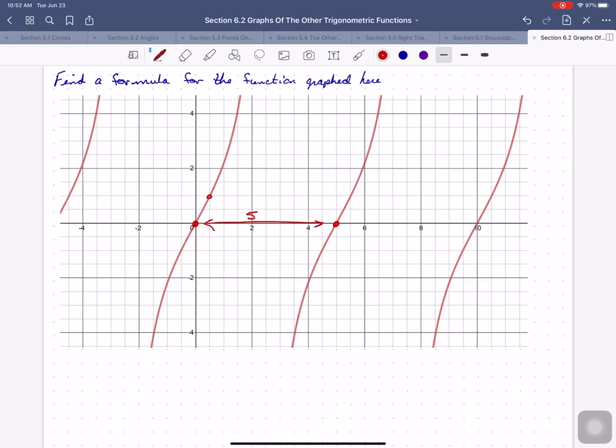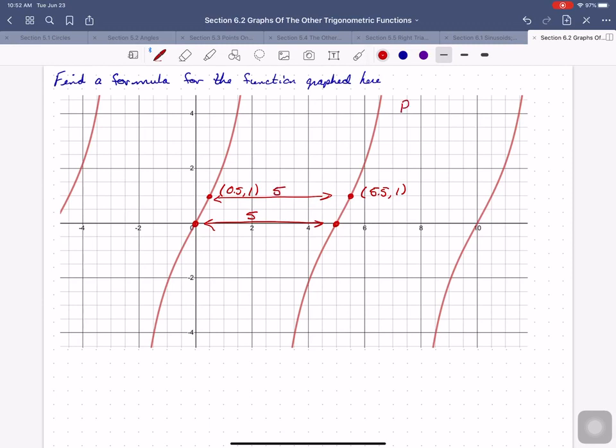We could also look at these points here, and this is the point 1/2, 1, and this is the point 5.5, 1. And so again, we see that those repeating points are separated by a distance of 5.